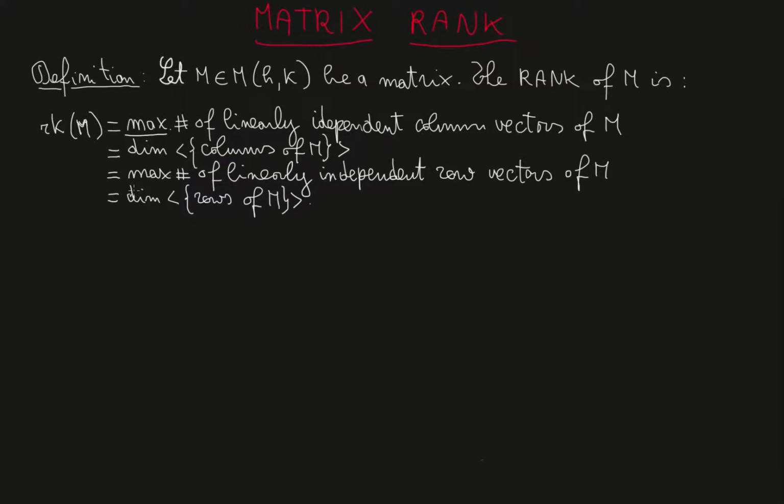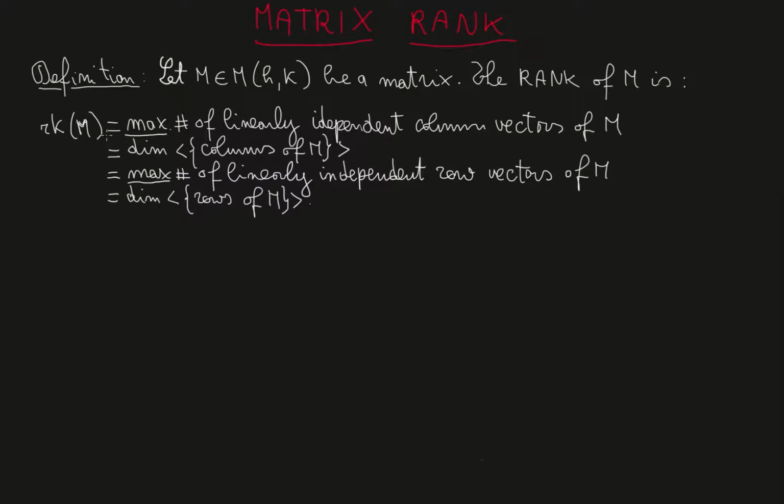But it can also be expressed in terms of the row vectors of M. So it is also the maximum number of linearly independent row vectors of M, which in turn is equal to the dimension of the vector space generated by all the rows of M. To prove that these two definitions of rank are consistent, so they both define the same number, is a theorem.